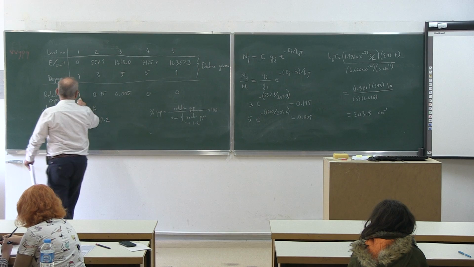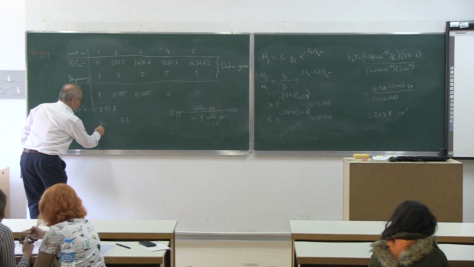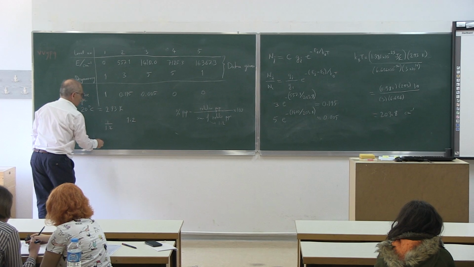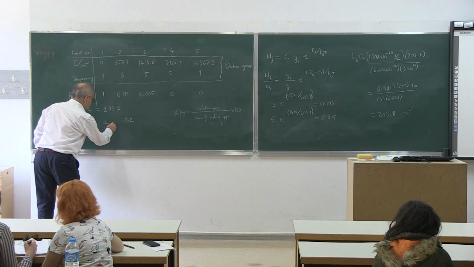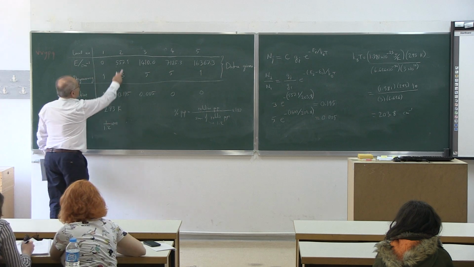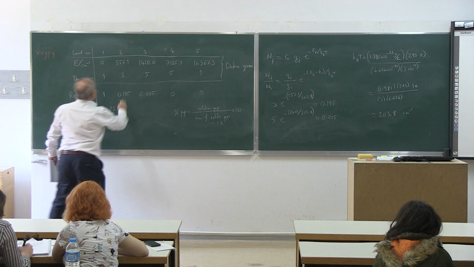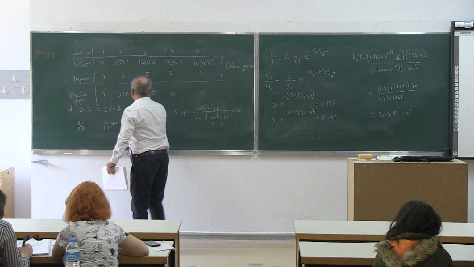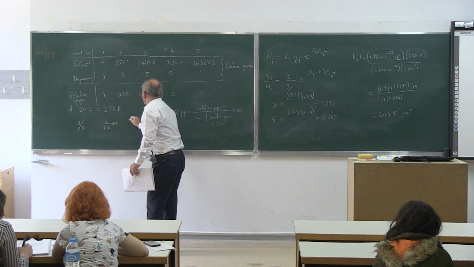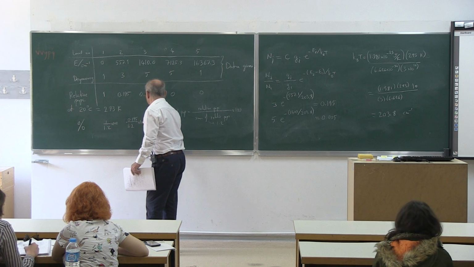The percent population of the first level is 1 over 1.2 times 100. The percent population of this level is 0.195 divided by 1.2 times 100.